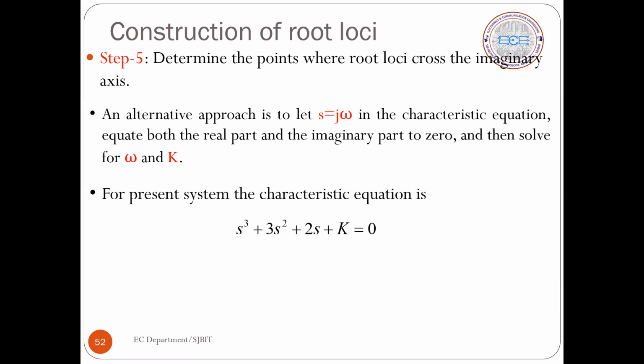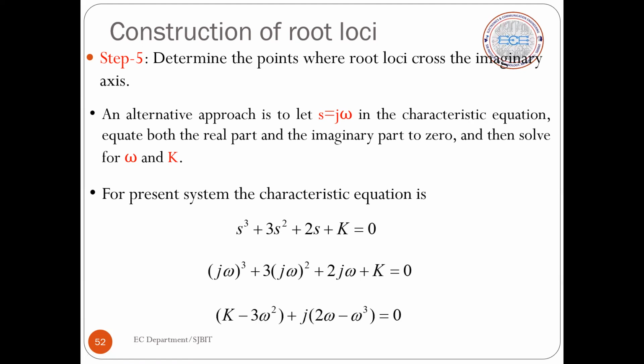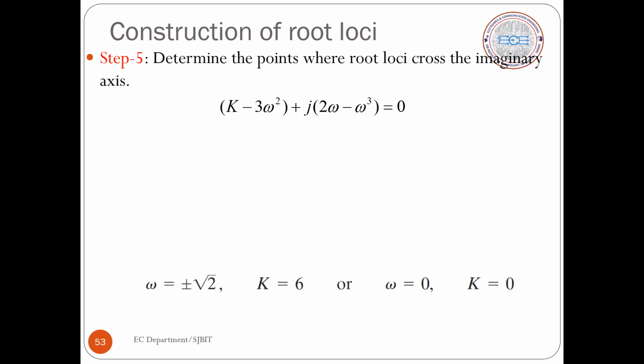For the present system, the characteristic equation is s cube plus 3s square plus 2s plus k. Substitute s equal to j omega. Separate imaginary terms and real terms. Equate the real part and equate the imaginary part to 0.